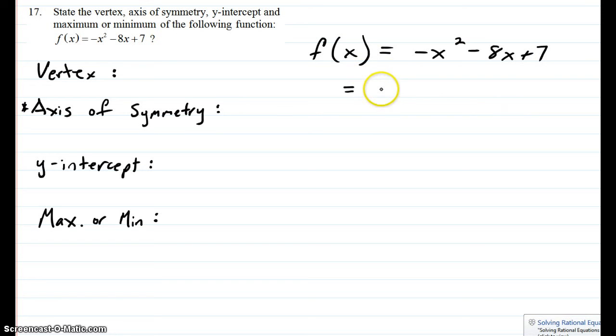All right, so what we're going to want to do is take out a negative, and we don't have to take out a negative from everything, just the negative x squared and the 8x. And so this plus 7 is still over here. And so now to complete the square, we take half of this. So that'd be 4. We square it, so it would be a 16.